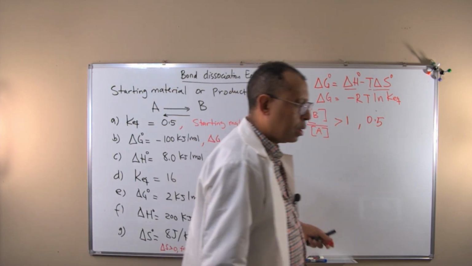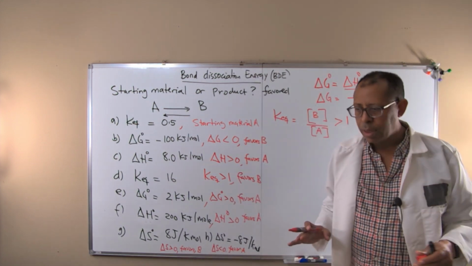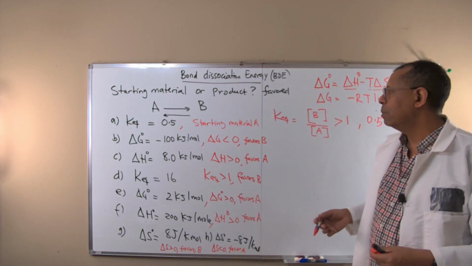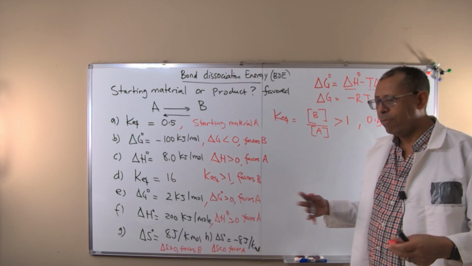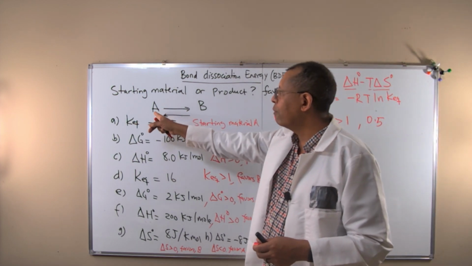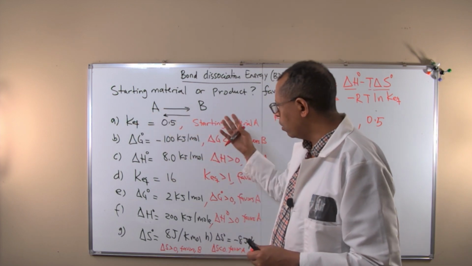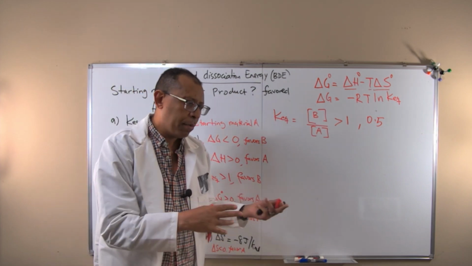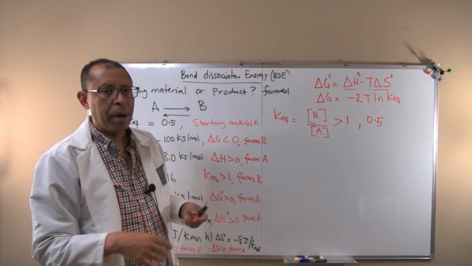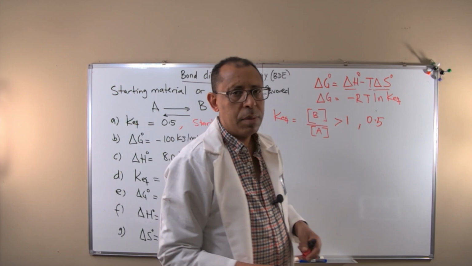So these are some of the qualitative assessments. It's not very mathematical, but it just gives you the overall qualitative assessment of a reaction going from A to B based on these quantities. What do you predict? You predict the formation of a product or the going back to starting material.